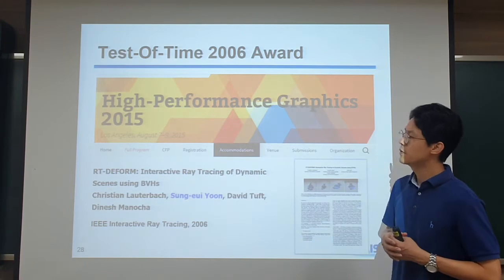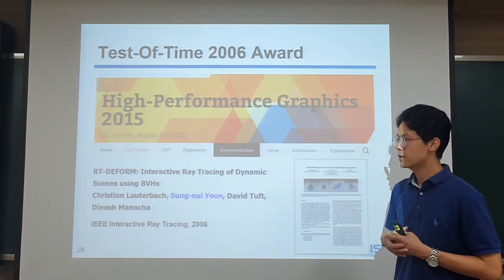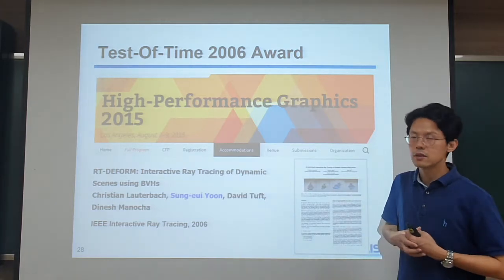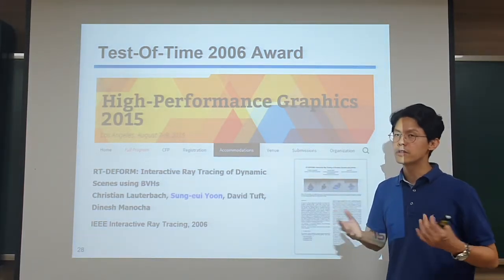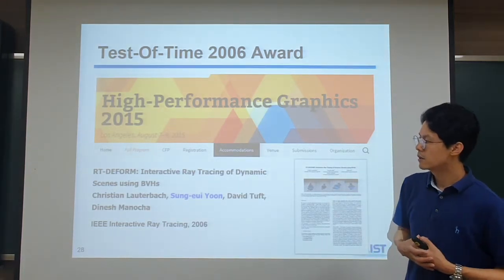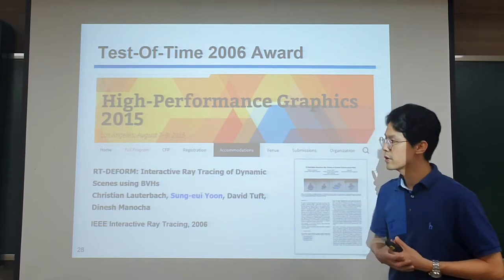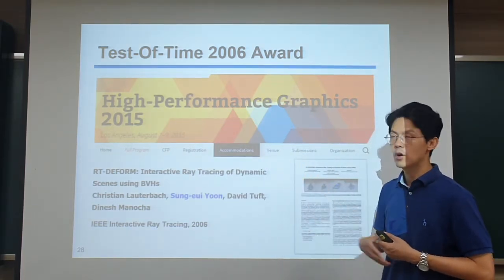But we found that the ray tracing community didn't use it, and back then, handling dynamic objects for ray tracing became one of the most important topics. So to us, it was a very easy choice to use the bounding volume hierarchy for ray tracing of dynamic objects.